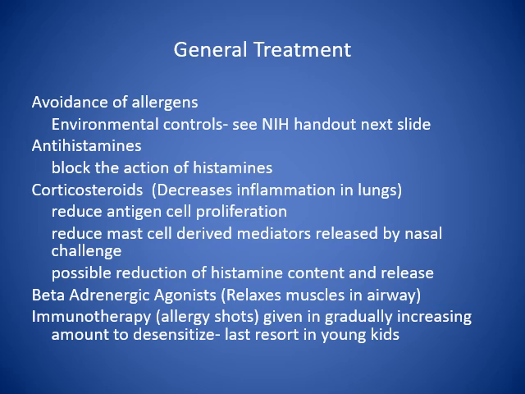I will show you the next slide about common allergens to avoid the asthma attacks to begin with. Use of antihistamines. A common one would be Benadryl, or other ones that would block the action of the histamines. Primary treatment, sometimes the use of corticosteroids. It will decrease the inflammation of the lungs.